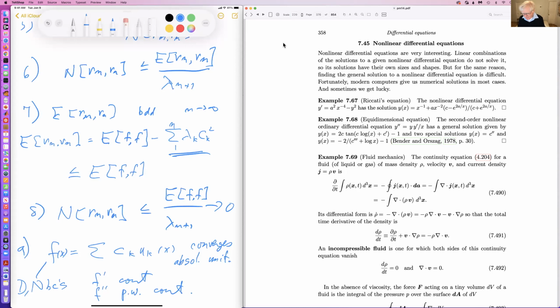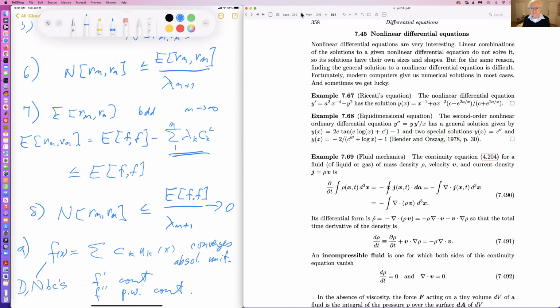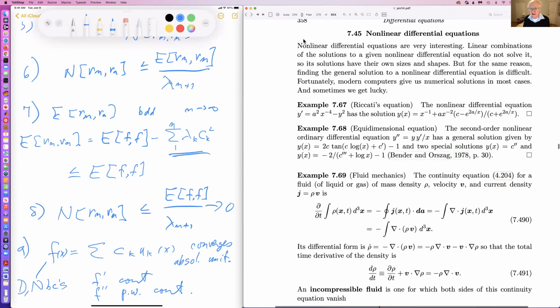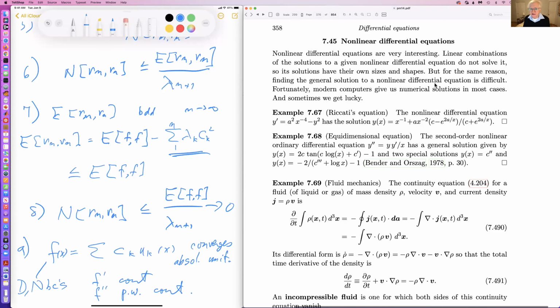I particularly like them, even though they're so very hard to solve. And one of the things I like about them is that because you can't just add solutions together or multiply solutions by constants, each solution has its own size and shape.